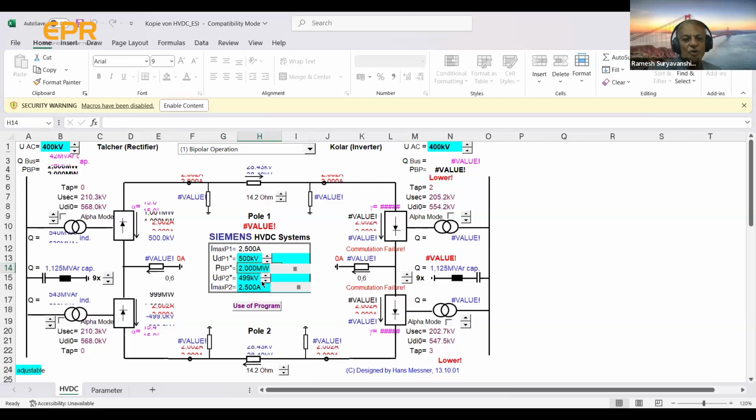I have explained how the parameters change from the converter transformer, thyristor valve, and then the HVDC line, bipole, positive, negative. Then you come again to the inverter, get it back to AC, converter transformer, and connect to the grid. In one slide, you can make changes and observe them while you are doing the studies.